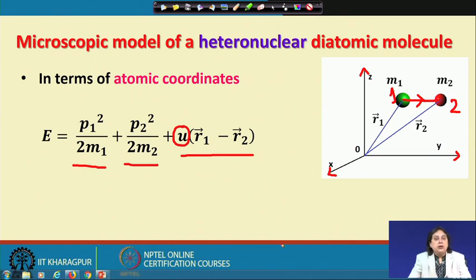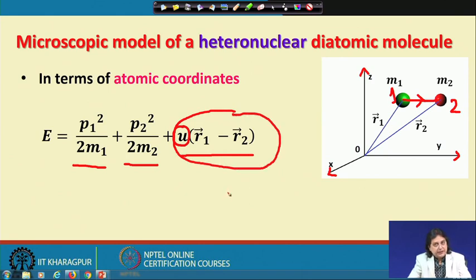Okay. So, if I can write down the heteronuclear diatomic molecule energy in terms of atomic coordinates, as you see here the coordinates R1 and R2, and these are dependent on x1, y1, z1 and x2, y2, z2, and in this problem I have the motion of these two atoms coupled to each other through this potential energy term.